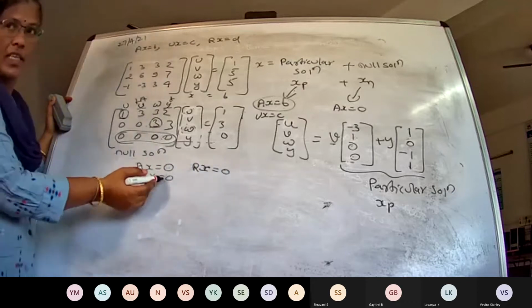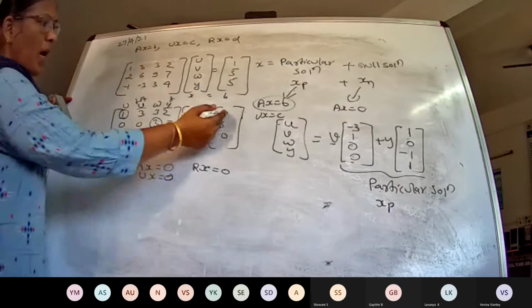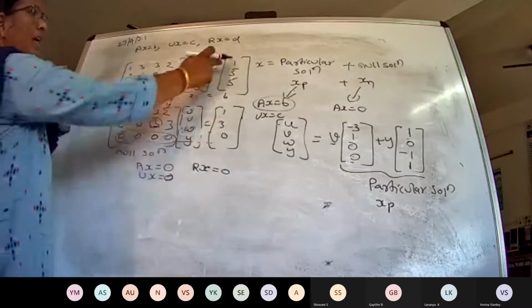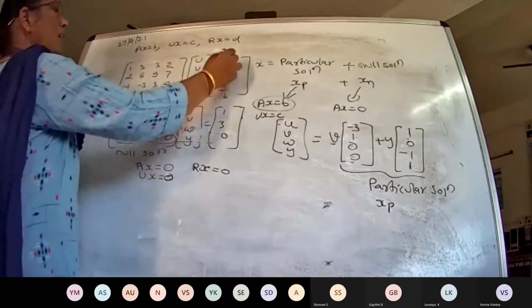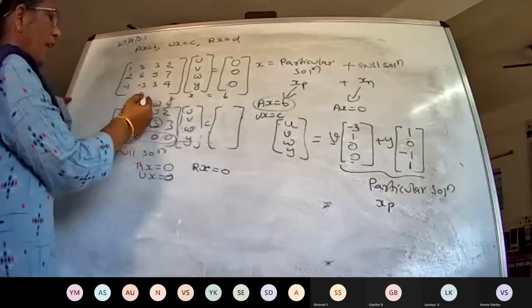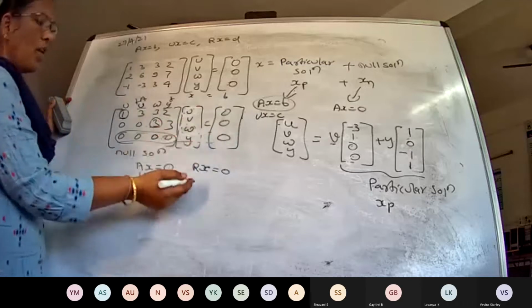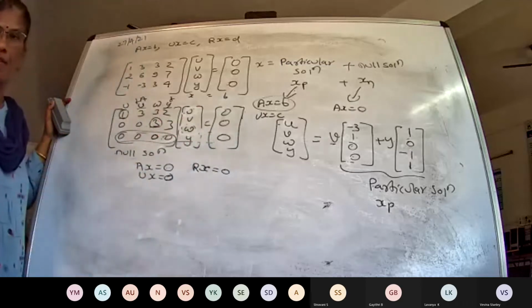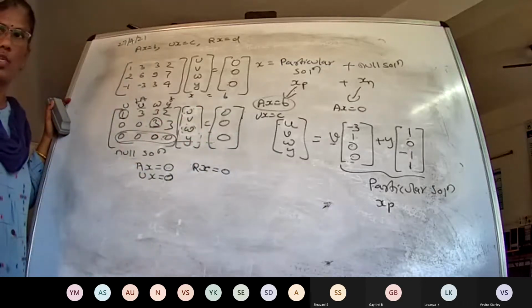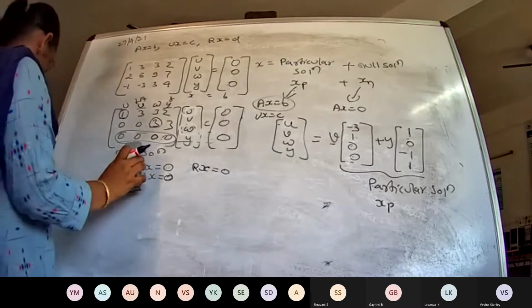Whatever row manipulation I am doing, multiplication, addition or subtraction, this part always remains 0 if I am taking Ax equals 0. If I reduce A to U, it will be 0 only, right? If I reduce U to R, that time also the right hand side will be 0. Is that right?